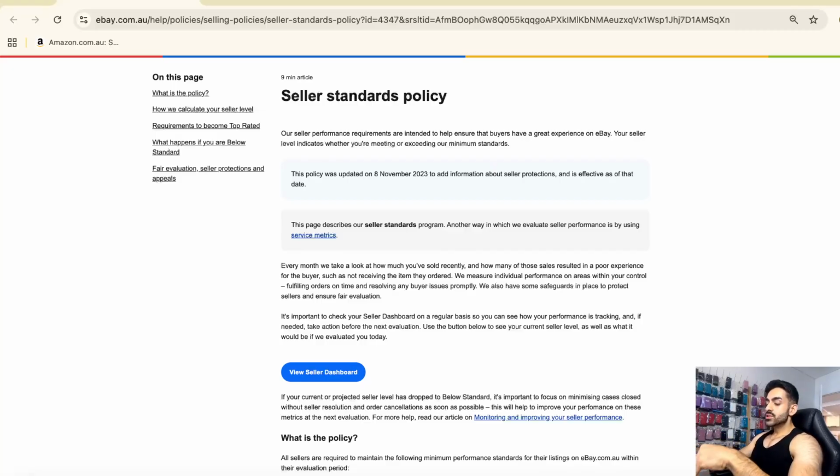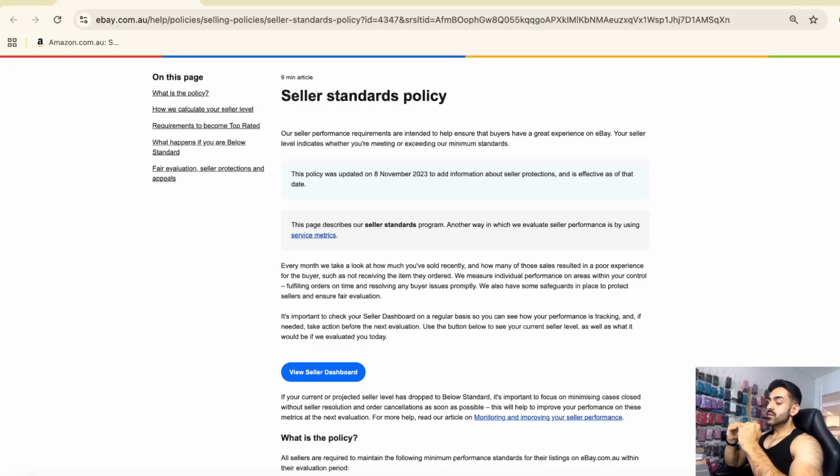That's why you're going to be evaluated on the way that you perform within our platform, right? Your seller level indicates whether you're meeting or exceeding our minimum standards, right? So basically above standard is you're meeting their policies, their standards. They have this algorithmic mathematical thing going on in the algorithm where they evaluate you by how well you've been performing.